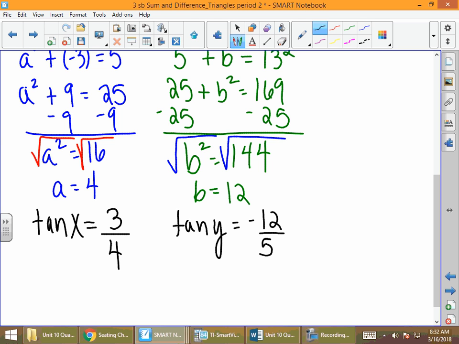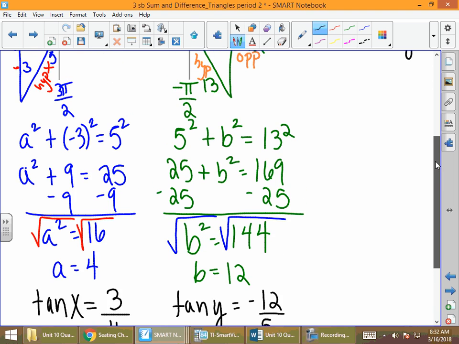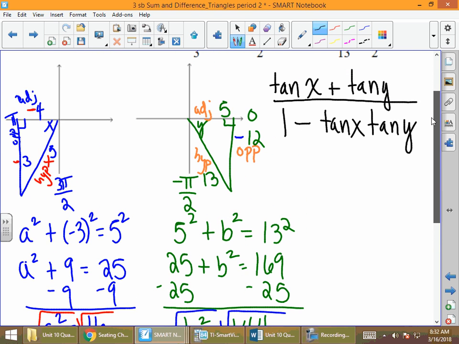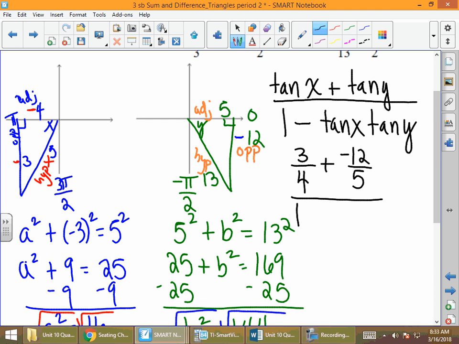So we're going to be able to use our calculators and everything, which is a huge relief to some. When we fill this in, it's going to be 3/4 plus negative 12/5 divided by 1 minus 3/4 times negative 12/5.